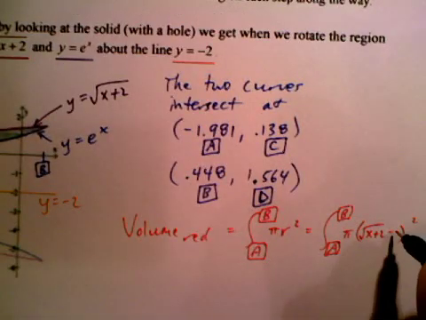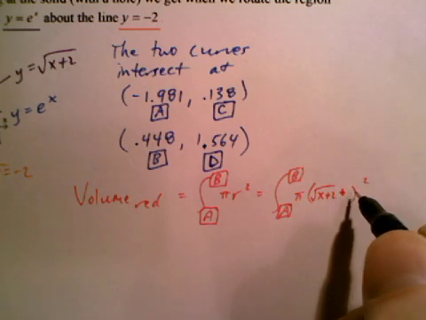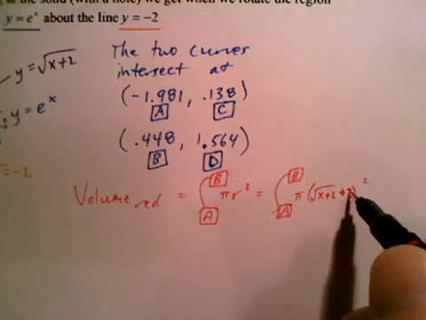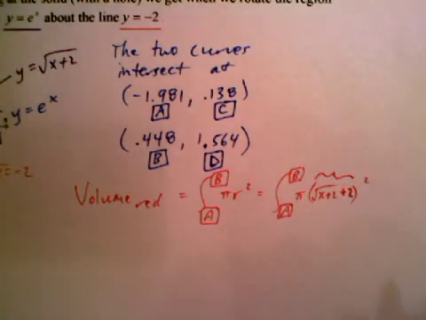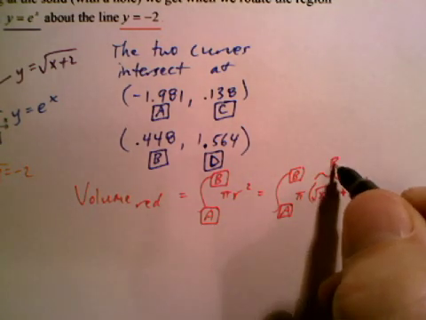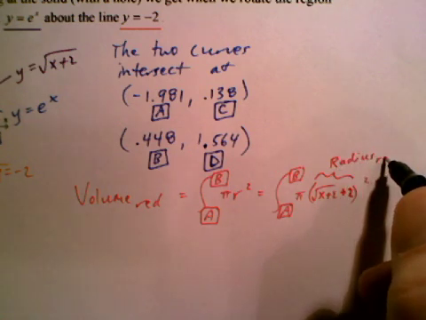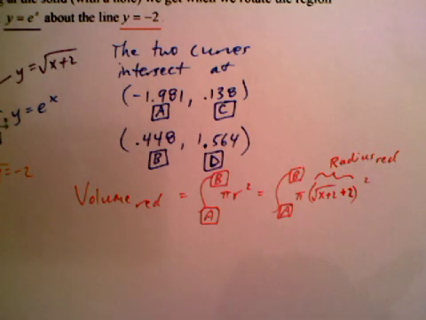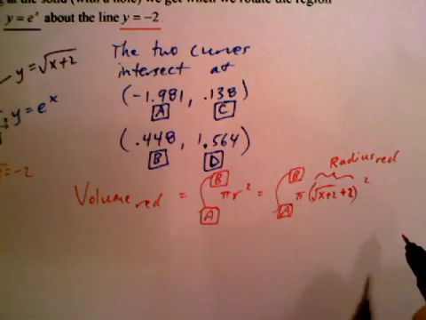So we're going to subtract -2, and since I don't have much room, I'm going to change that subtract to a plus and make that a plus 2. So minus -2 means plus 2, and squared. That's going to be our big radius, radius red.